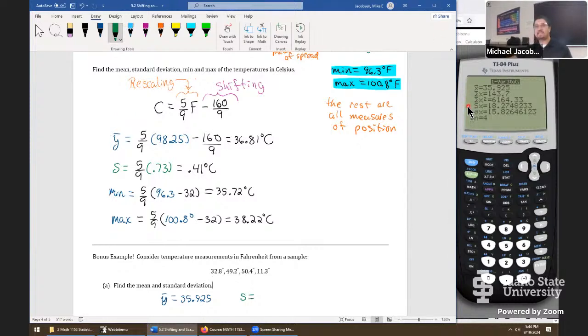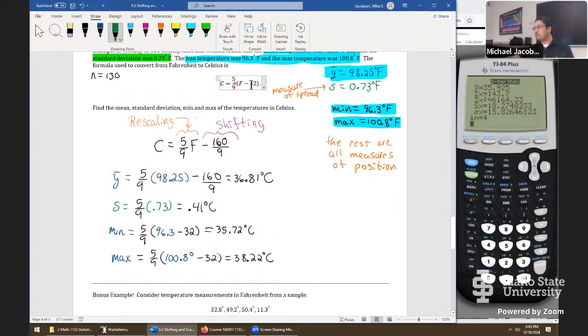Go for the Sx. Rounded to 3 decimal places, 18.275. Forgot my unit, but I'll put it on the last one. The units for the mean and the standard deviation would always be the same. So that's a quick hack to indicate units on both. So we have those nice values.